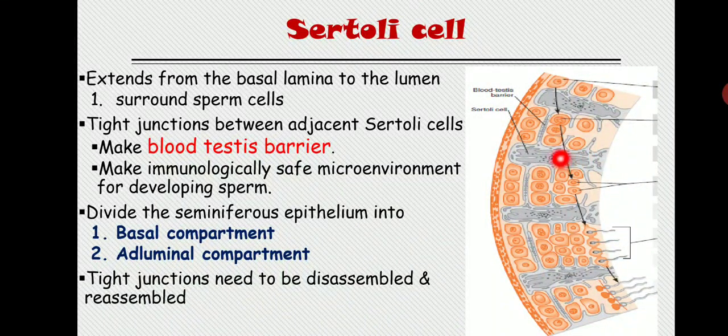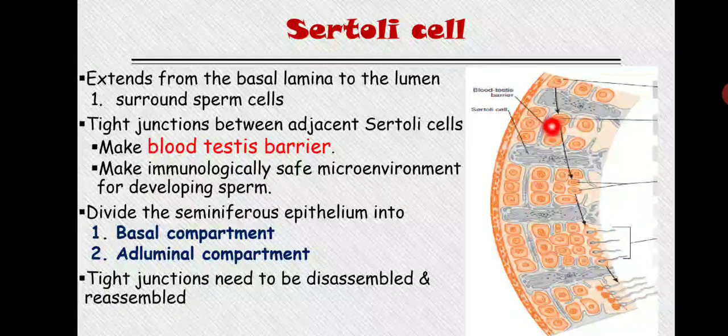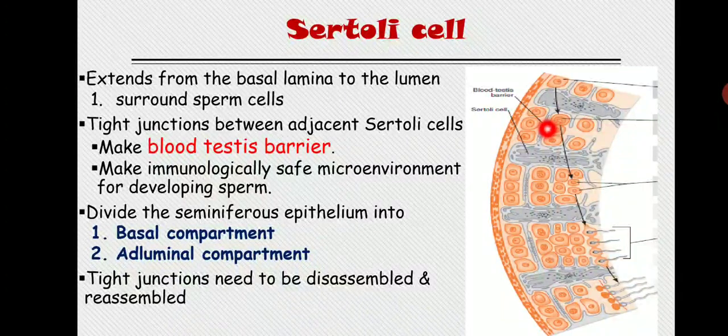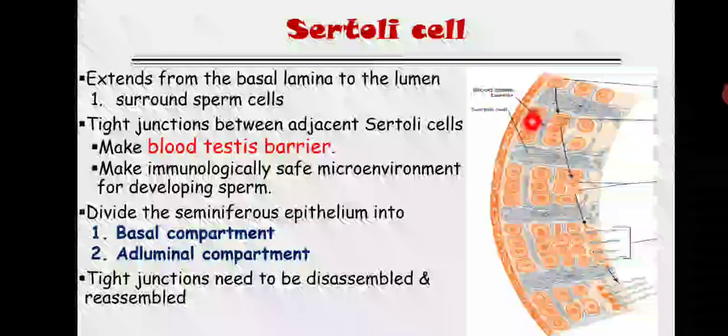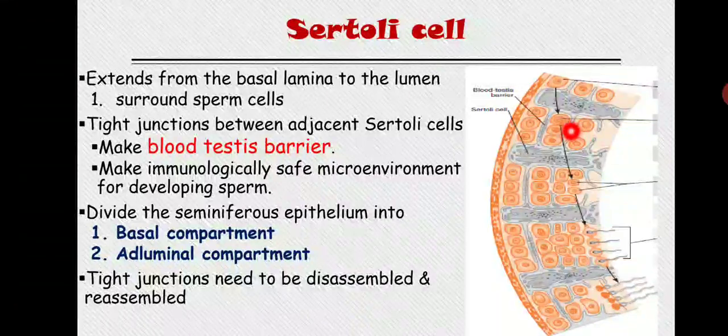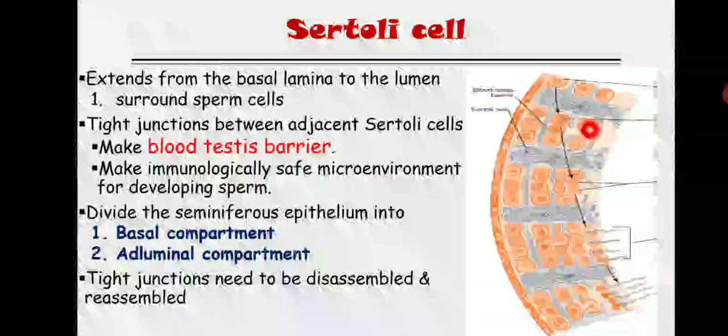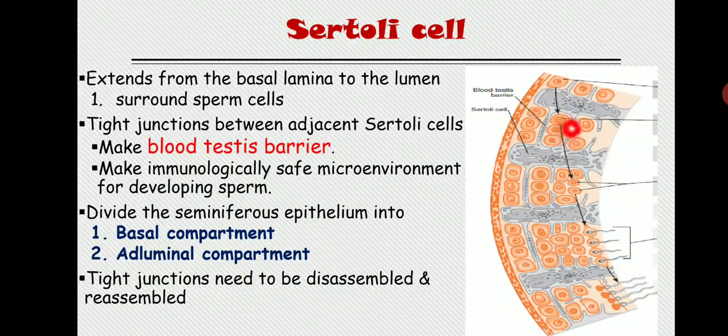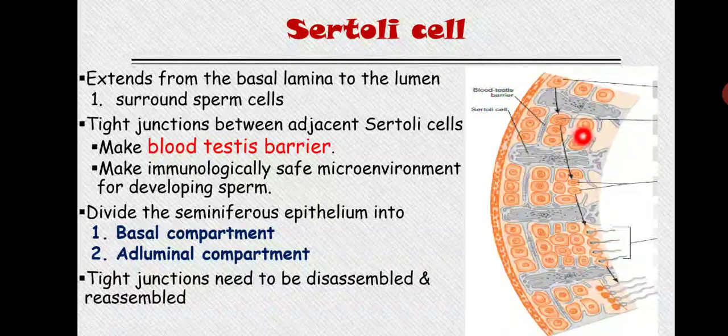So in this beautiful diagram, you can understand that the Sertoli cell divides the seminiferous tubule into two compartments. One is the basal, another one is the adluminal. Inside the basal compartment there is spermatogonia, and in the adluminal compartment further developing sperm will be present. These are primary spermatocytes and secondary spermatocytes.